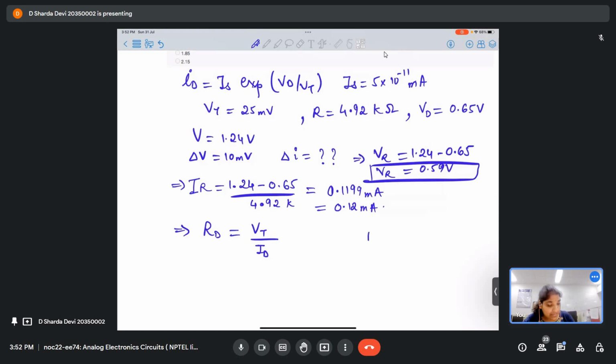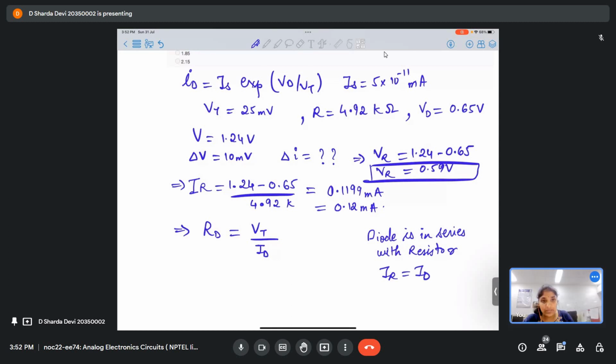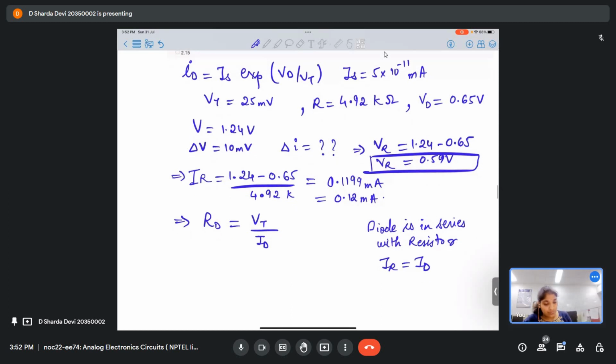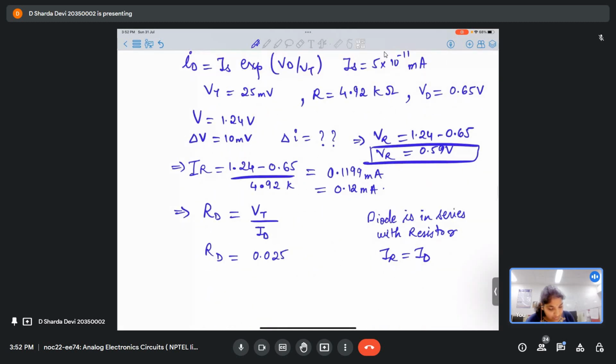Since the diode is in series with the resistor, IR will be equal to ID. So now calculating RD, it will be 0.025 upon 0.12 milliamps.